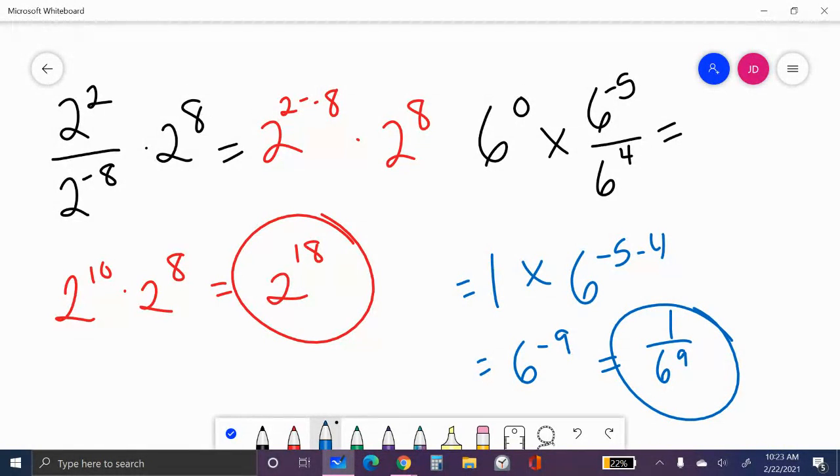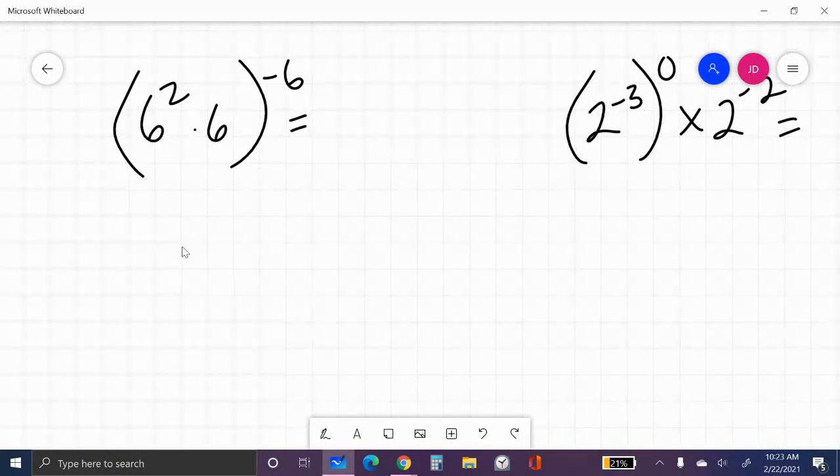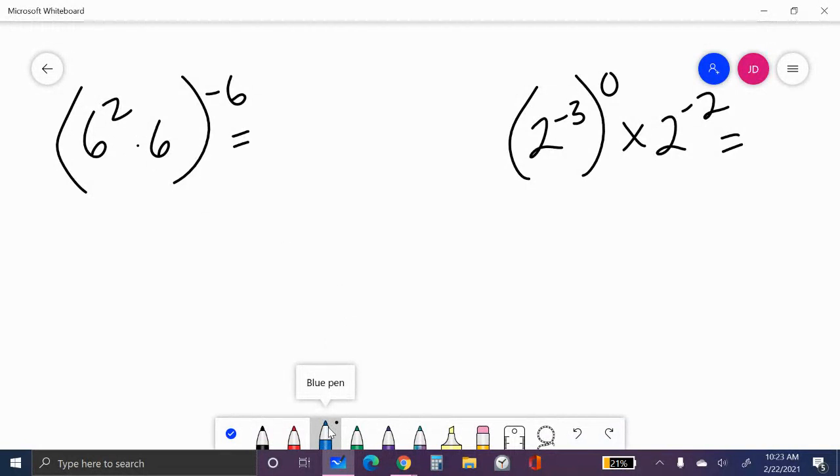All right. Let's take a look at another one. We got parentheses in these. Remember, anything without an exponent has an exponent of 1. So we keep the base, add the exponents. 6 to the 2 plus 1 is 6 to the third.